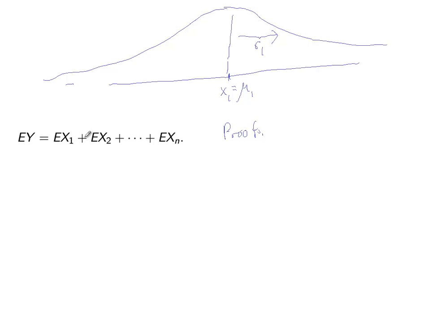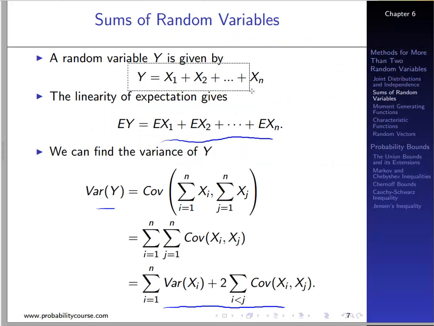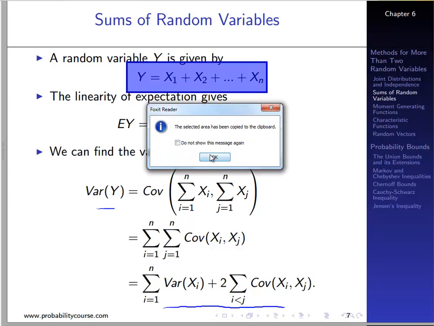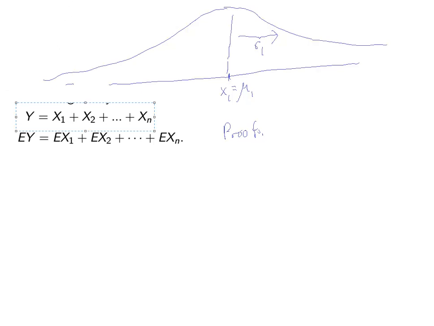Now remember, in this case, we have the hypothesis that Y is the sum of random variables. Put that here. And let's see how we can prove this. It's really not that complex.